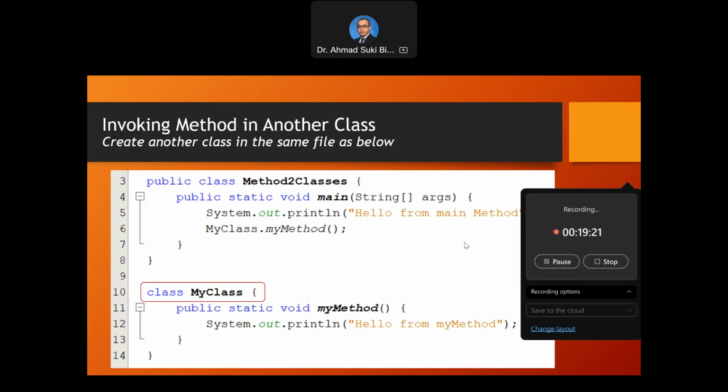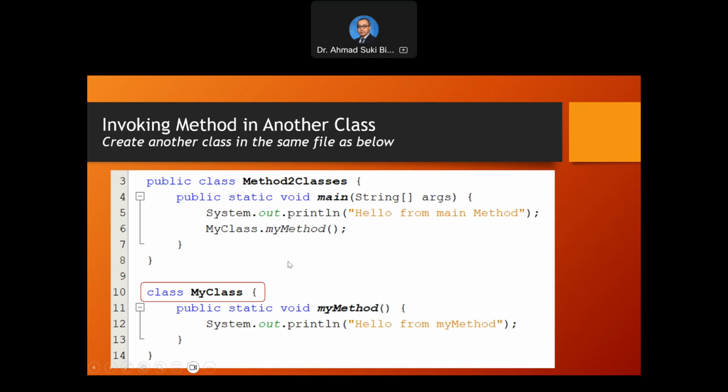Okay, the last thing that I want to cover in this session is regarding invoking a method in another class. Previously, I mentioned that when you want to create a method, it should be in a class. You can have many methods in one class.